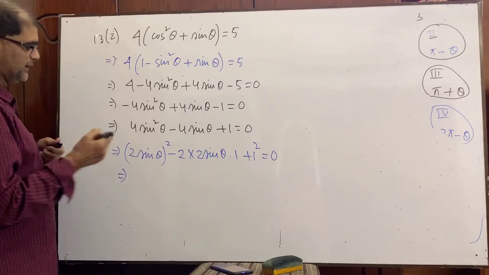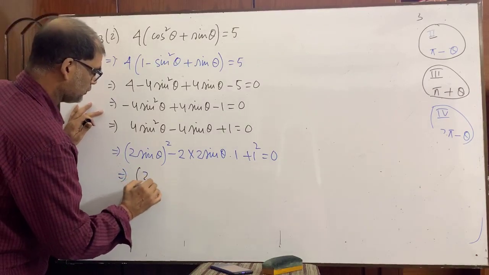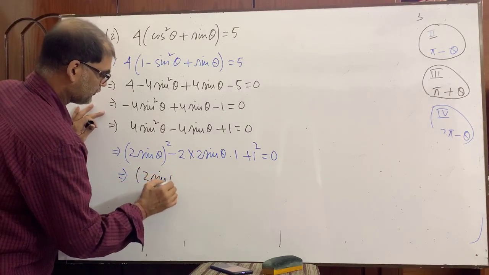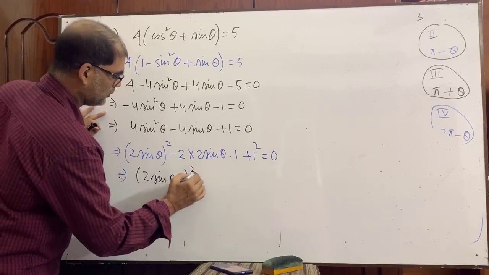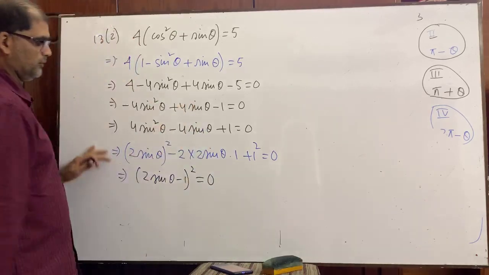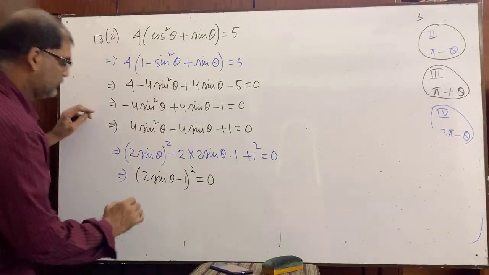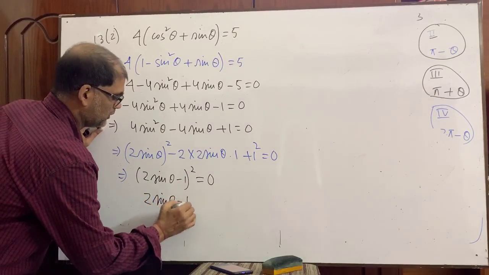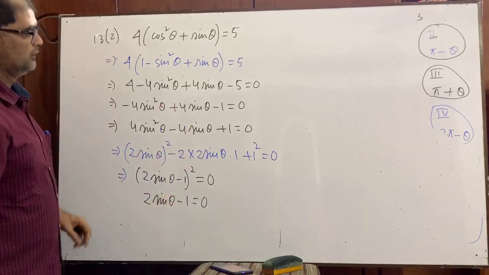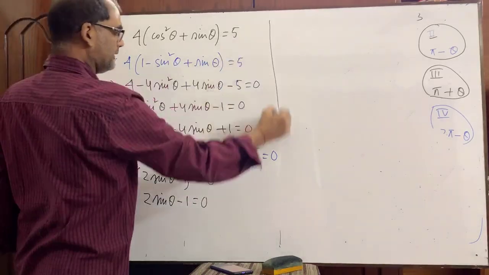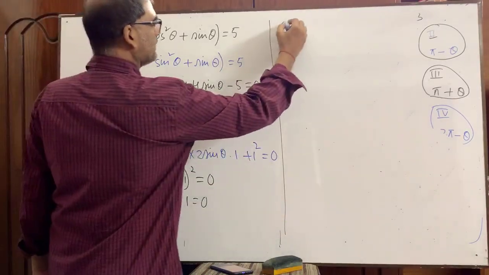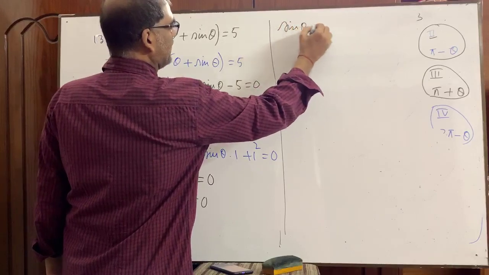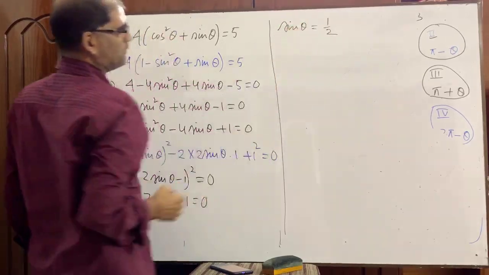That means (2 sin theta minus 1) whole square equals 0. That is 2 sin theta minus 1 equals 0. So we are getting sin theta equals half.